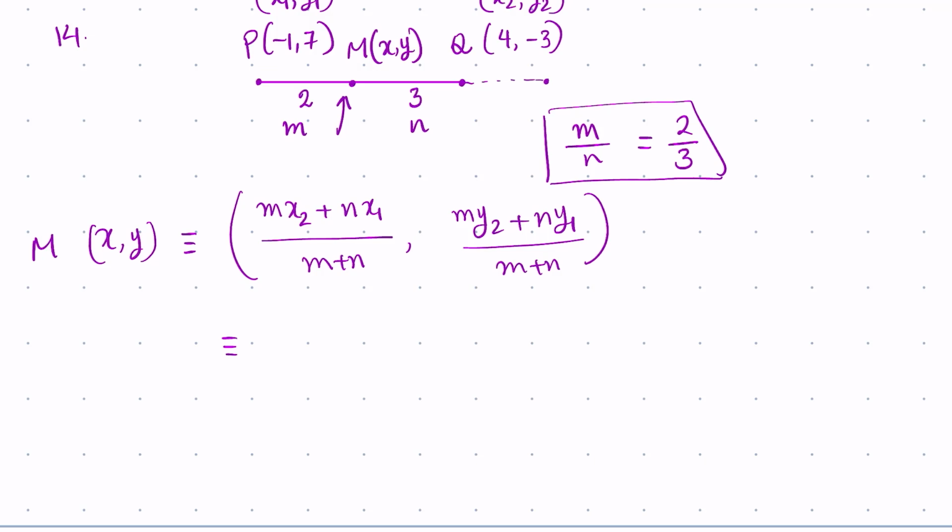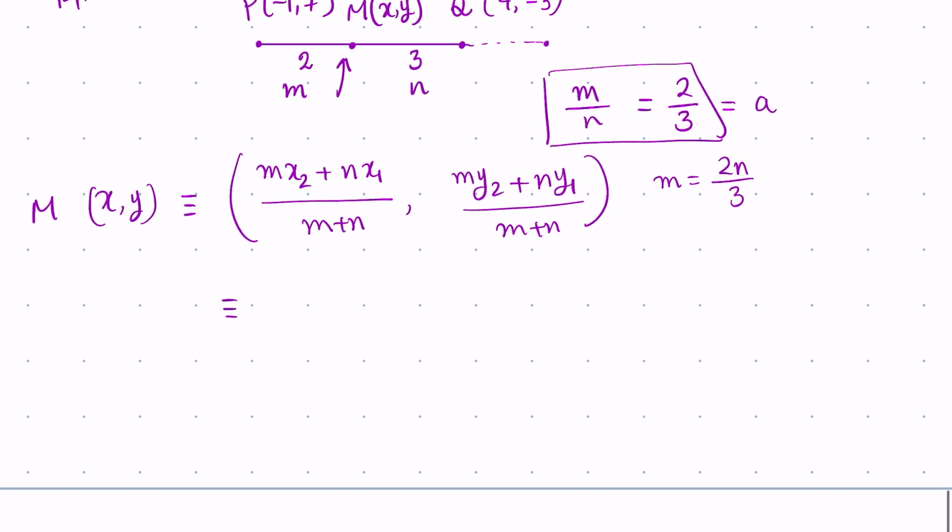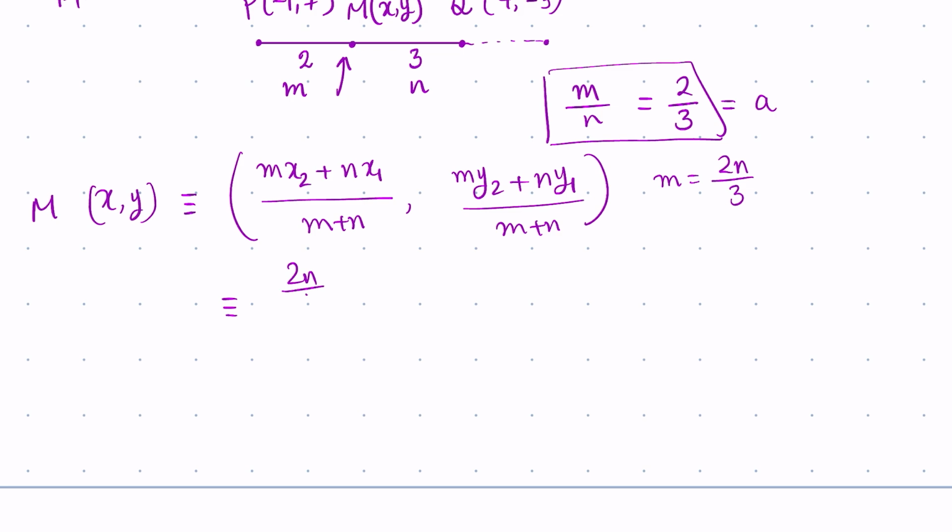Let's just assume this whole thing is equal to some value a. We could either do this or we could just substitute in terms of n. I think I'll just substitute it in terms of n. So m just becomes 2n/3. So m becomes 2n/3. What is x2?